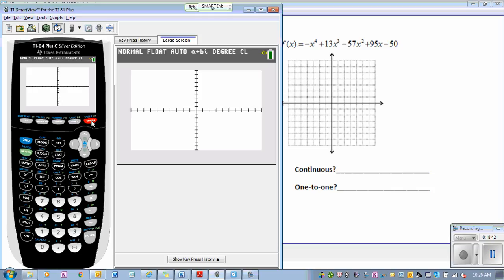So if I graph this, let's see what we get. Huh? You did not get this? We got 2 vertical lines. Okay, so go back and make sure that you copy the problem.